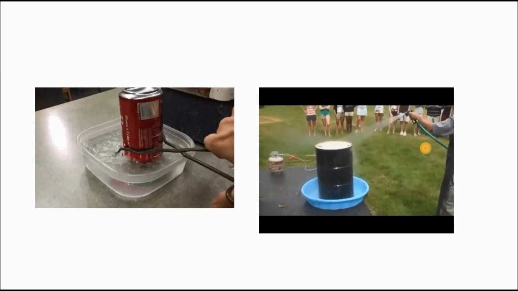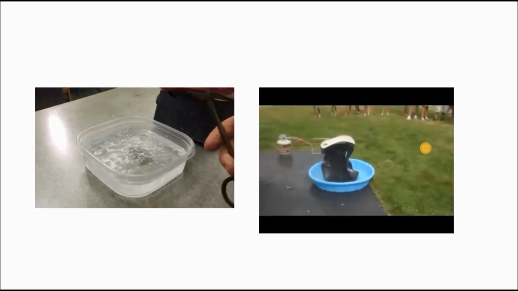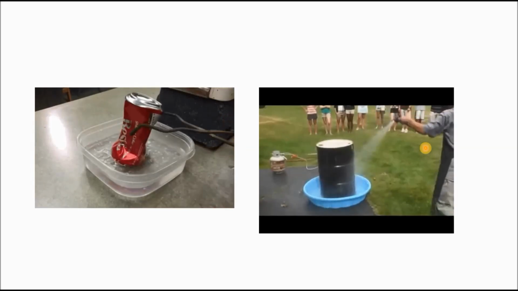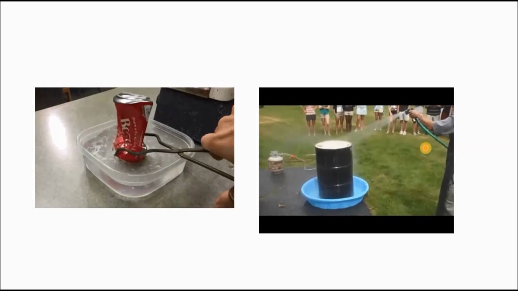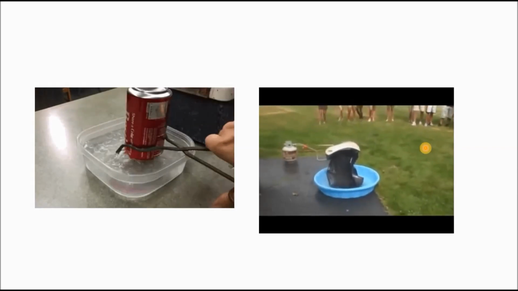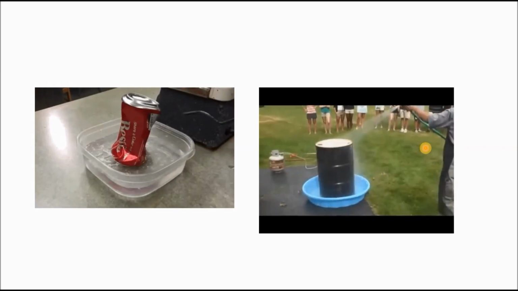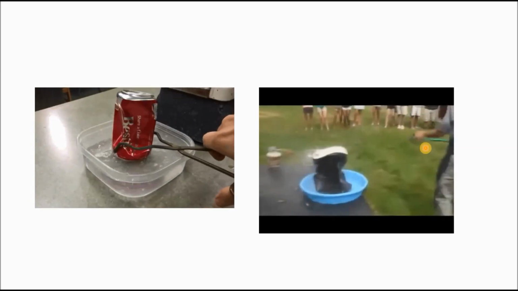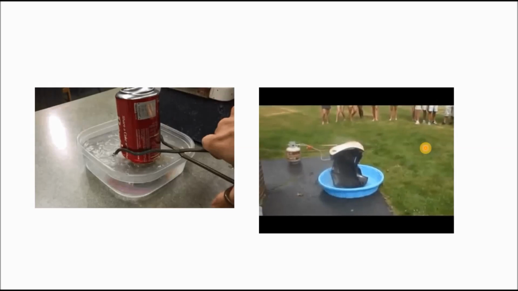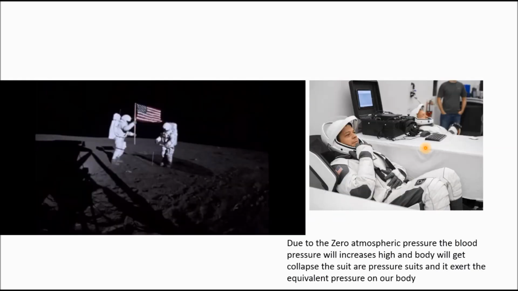If you change the pressure distribution, it will crush. But the human body does not crush in the same way because it is made up of fluid. Whatever atmospheric pressure is coming in one direction, the fluid pressure opposes it in the same direction. That is the reason astronauts wear very thick clothes.